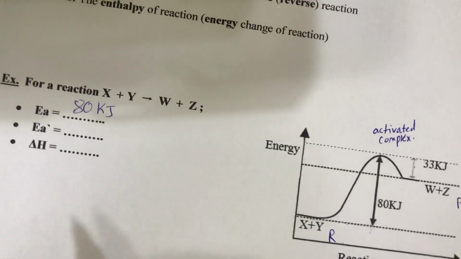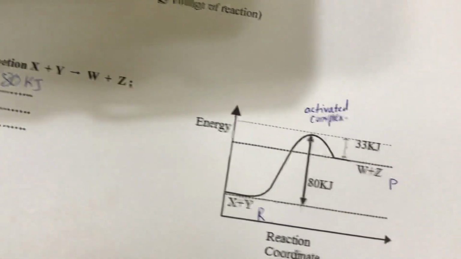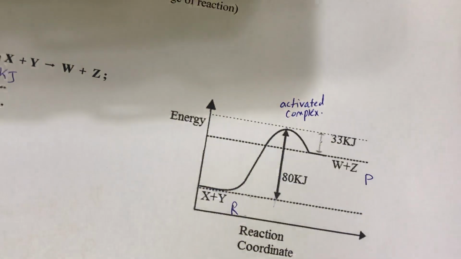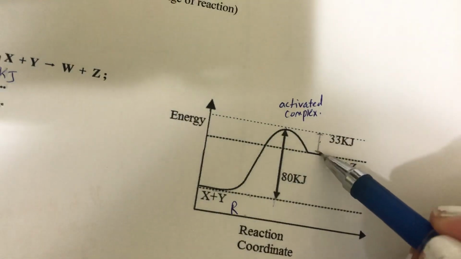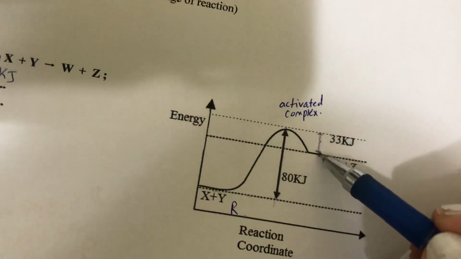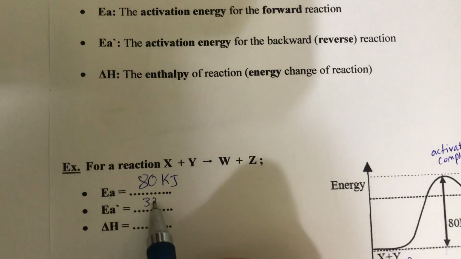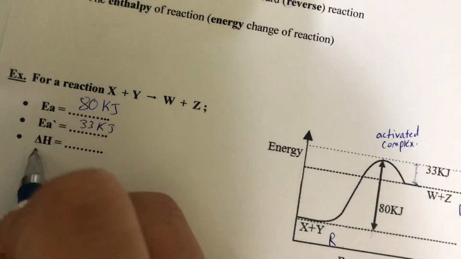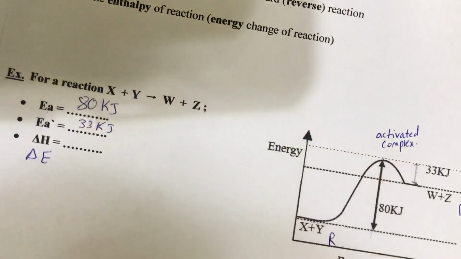Now what about activation energy for the reversed reaction? It's the energy difference between products here and the activated complex, which is equal to 33 kilojoule.